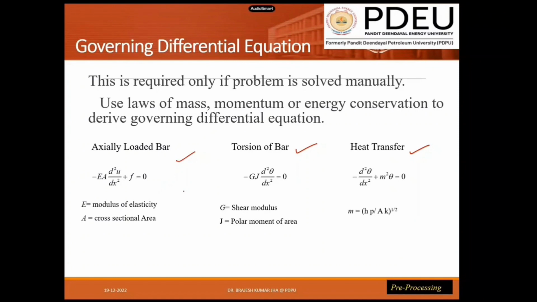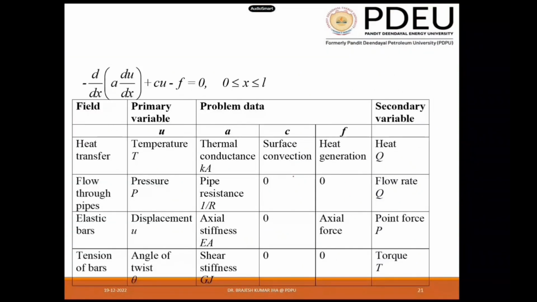So it can be applicable in a number of cases, according to the physical problem. Some other areas are heat transfer, flow through pipes, elastic bars, and torsion of bars. So the same type of equation can represent different phenomena.